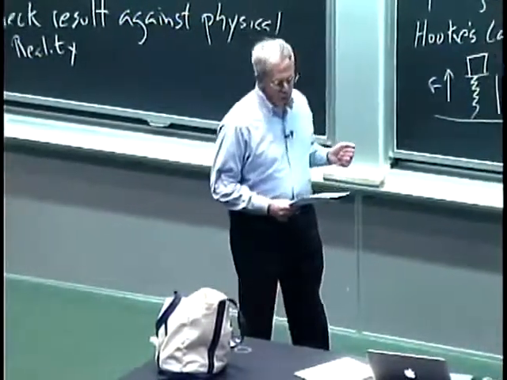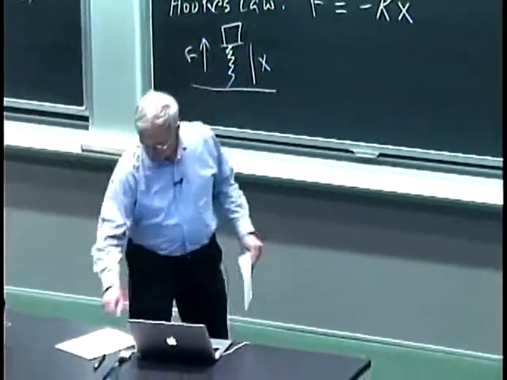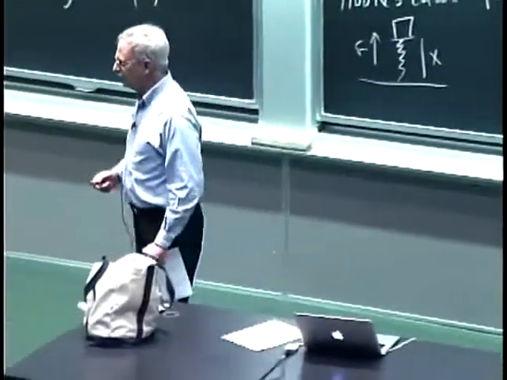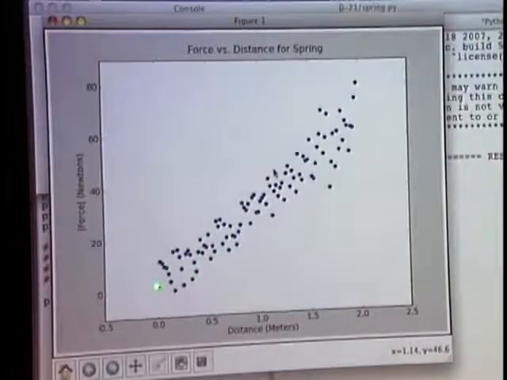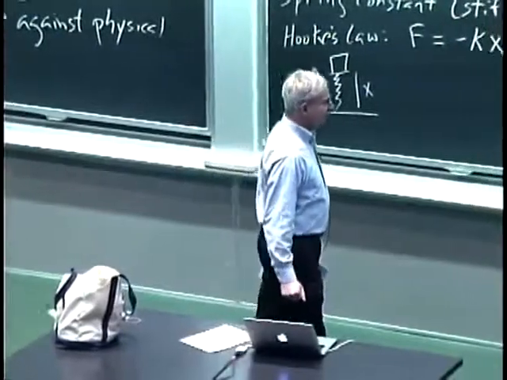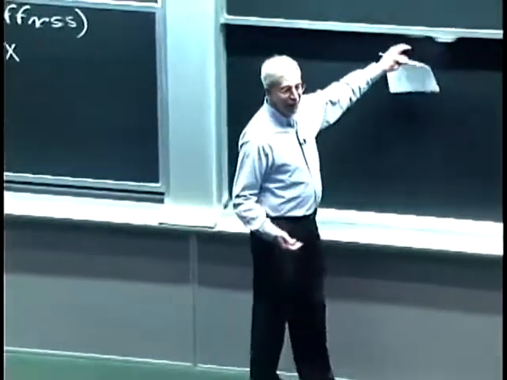So what should we do about that? Well, what usually people do when they think about this is they would look at this data, say, well, let me fit a line to this. Somehow say, what would be the line that best approximates these points? And then the slope of that line would give me the spring constant.